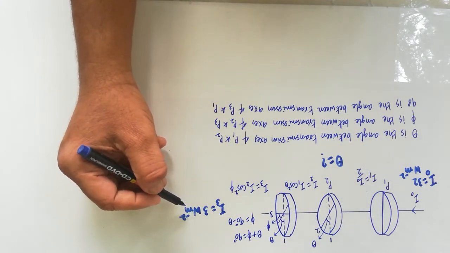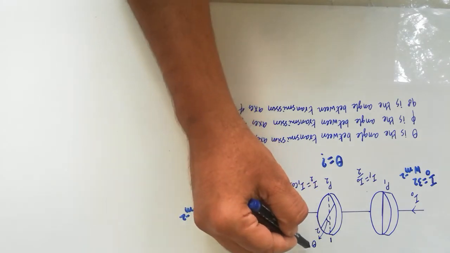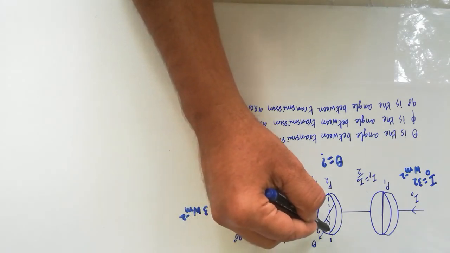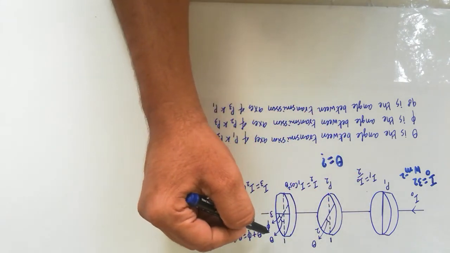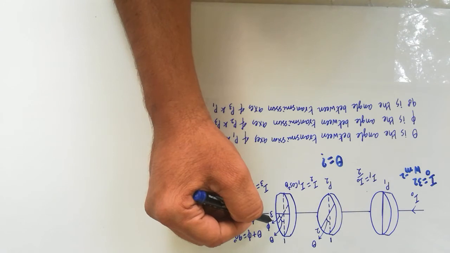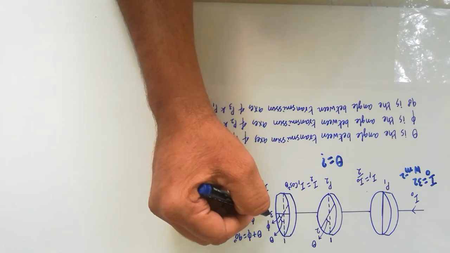First, you have to understand the angles. Here, theta is the angle between the transmission axis of the first Polaroid and second Polaroid. And pi is the angle between the transmission axis of the second Polaroid and third Polaroid.